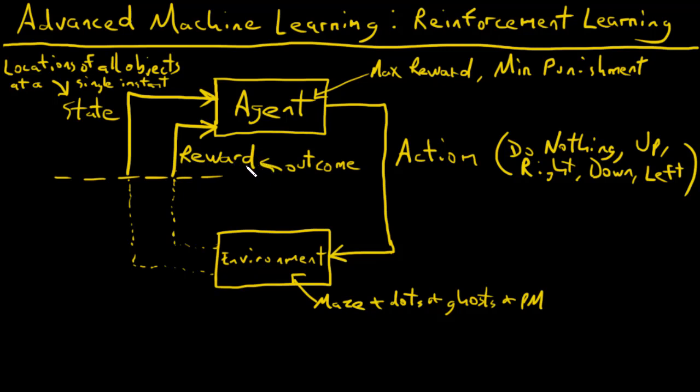Alrighty, so now that we've got this whole system rather defined, let's talk about what is needed within this system. So first thing you need is a policy. So the policy determines what actions are taken.